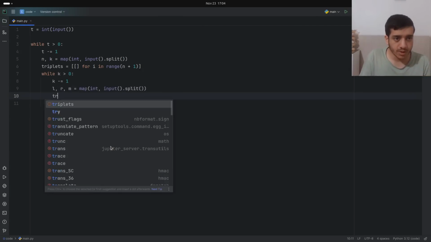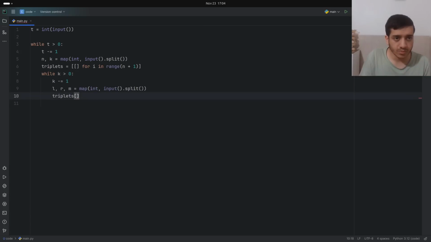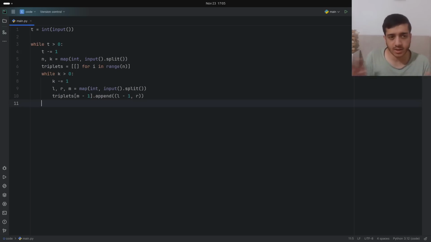Then triplets of m minus 1. So I'm making it 0 based. Dot append L minus 1 and R, 0 based, and close open like this.